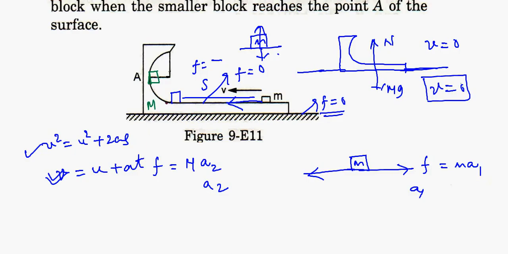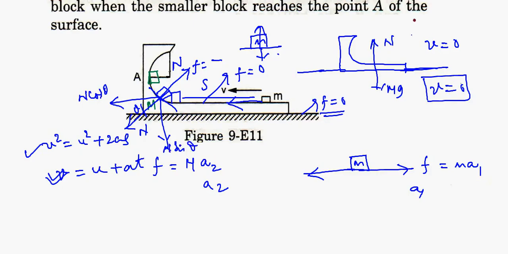But as the block comes to the curved part, it presses the bigger block with a normal force of N and in turn gets a normal force N. This N can be resolved into two components. Say this is theta, so this is N cos theta and this is N sin theta.